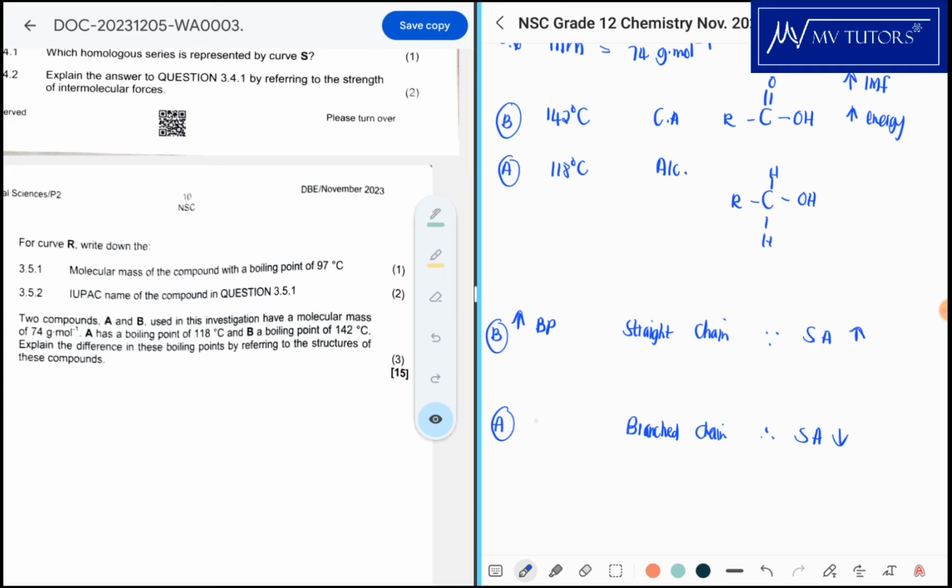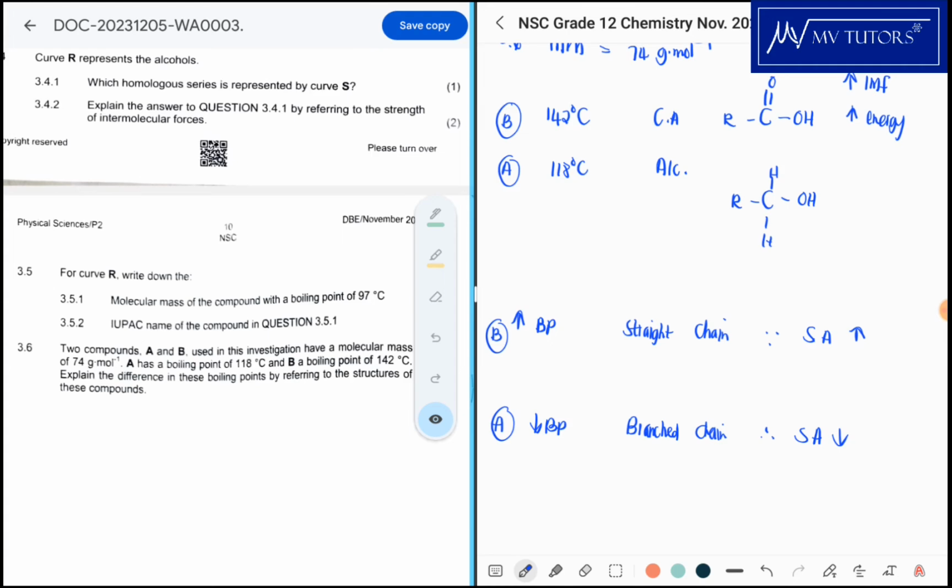So therefore, it'll have a lower boiling point, melting point, and a little bit higher vapor pressure. So you could have answered this question by looking at the graph, or you could have just talked about the structure, literally straight chains versus branched chains. And that would explain the difference in the boiling points. And that's it for question 3.